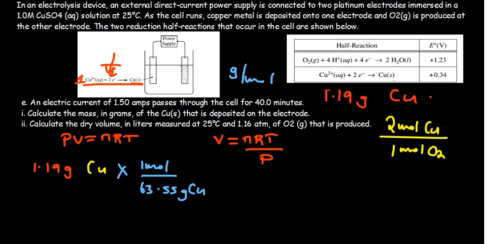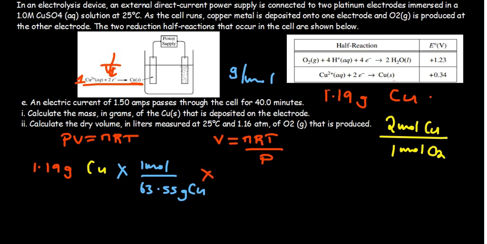Now the number of moles of copper, we are now going to use this ratio between the number of moles according to the equation that are being produced. Remember this is a ratio according to the balanced equation. So after determining the number of moles of copper, we're able to use that ratio to help us determine the number of moles of what? Oxygen. So if we want to find the number of moles of oxygen, then we need to make sure that the oxygen is on top.